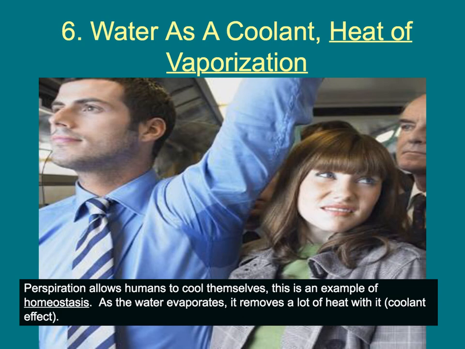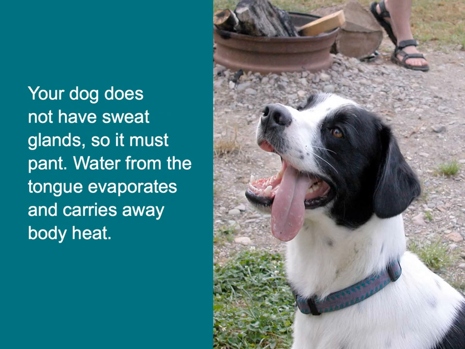So we have sweat glands which allow us to maintain homeostasis. However, our dog friends do not have sweat glands, so in order for them to help regulate their body temperature, they are going to pant. So when the saliva evaporates off of their tongue, it cools them.